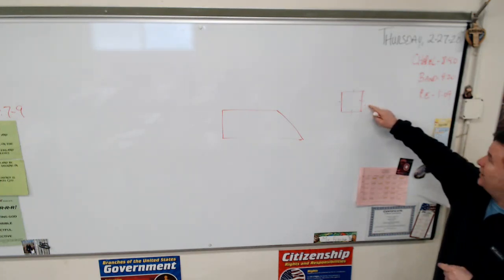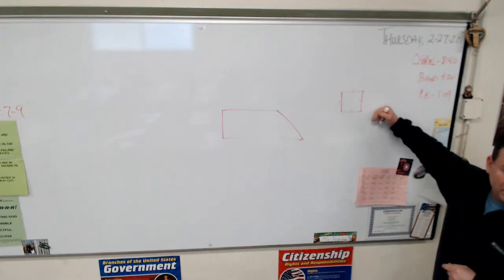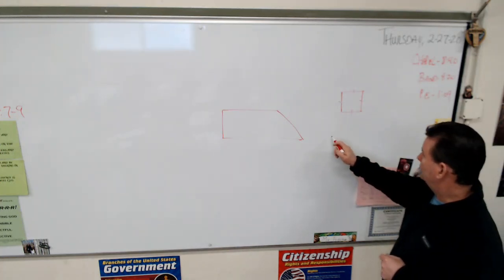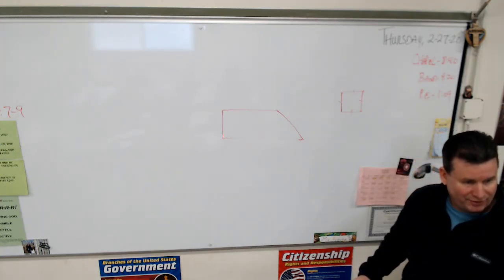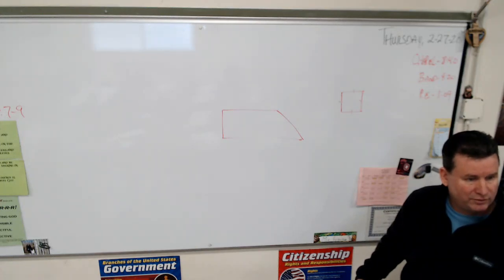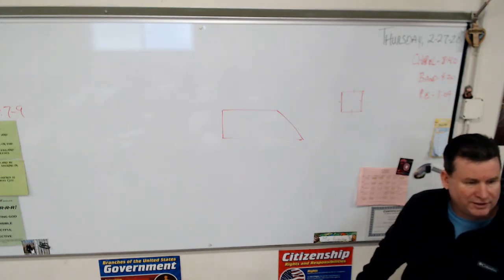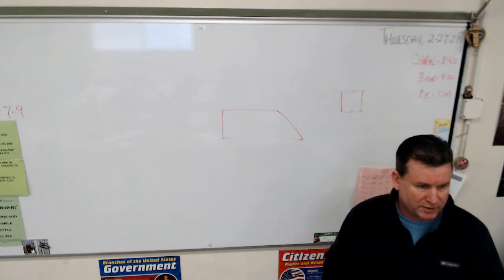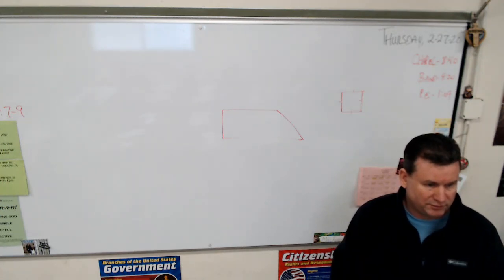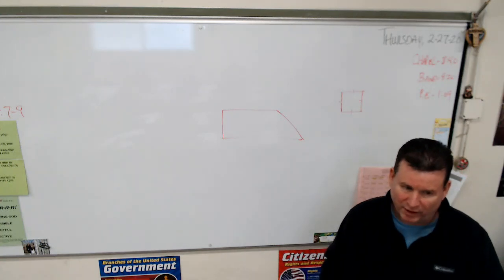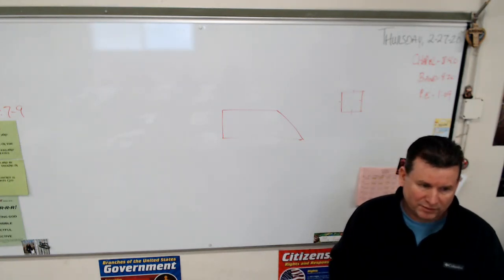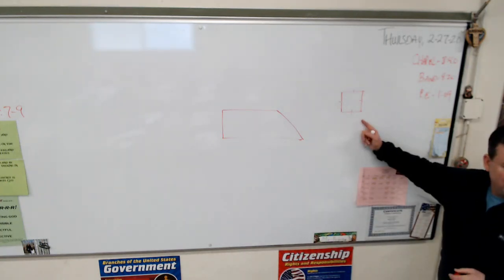But a rhombus doesn't have to make right angles. No, listen. Is a square a rhombus? Yeah. But a rhombus could be a square, because that's a rhombus. It's a parallelogram and all the sides are the same.